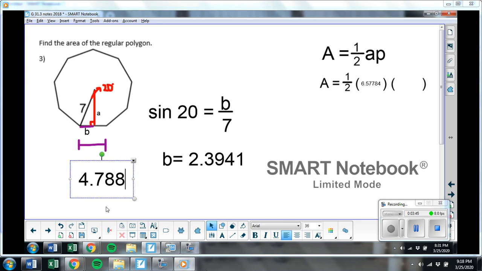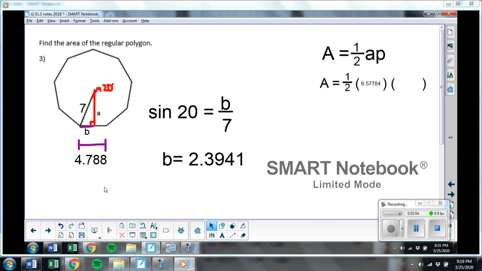Which is 4.788. That's one side of this regular polygon, and each side is that big. There's 9 of them, so that side times 9 gets you the perimeter, 43.09.